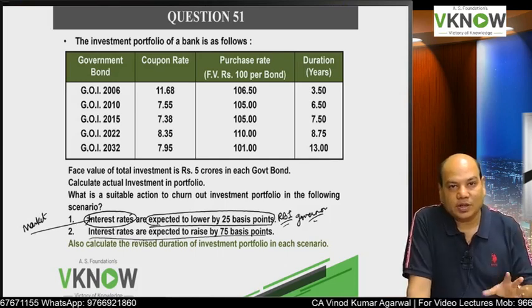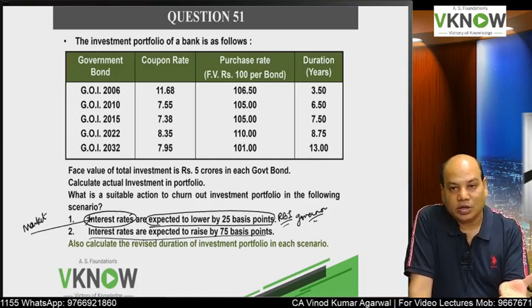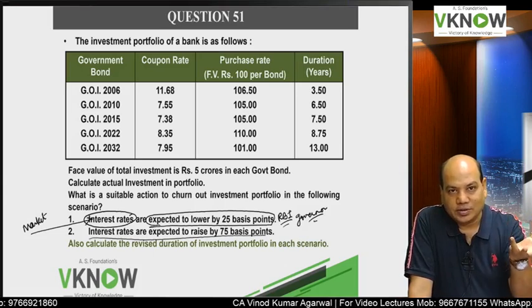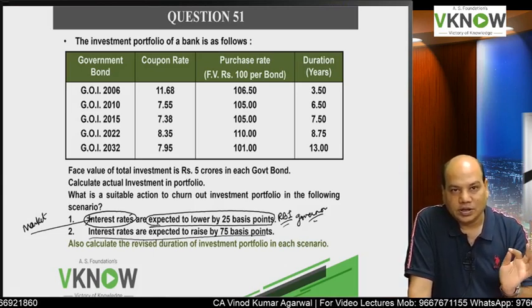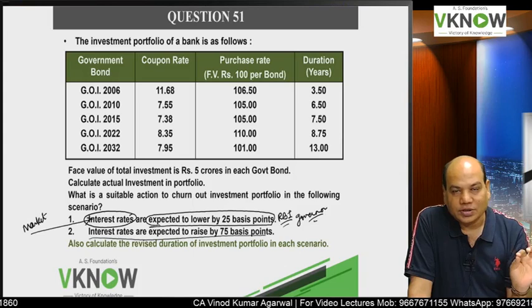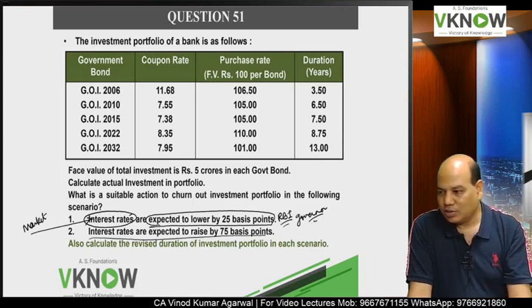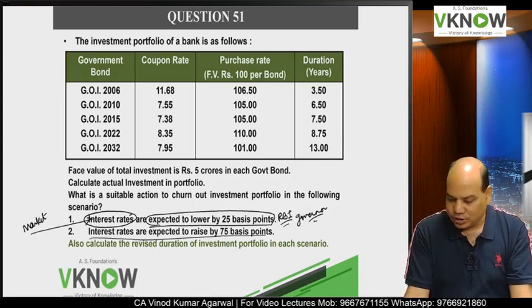Suppose you expect that the RBI governor in the next monetary policy is going to increase the repo rate or interest rate. After having such an expectation, what action will you take as a portfolio manager? So keep thinking about these two questions that will test your intelligence.